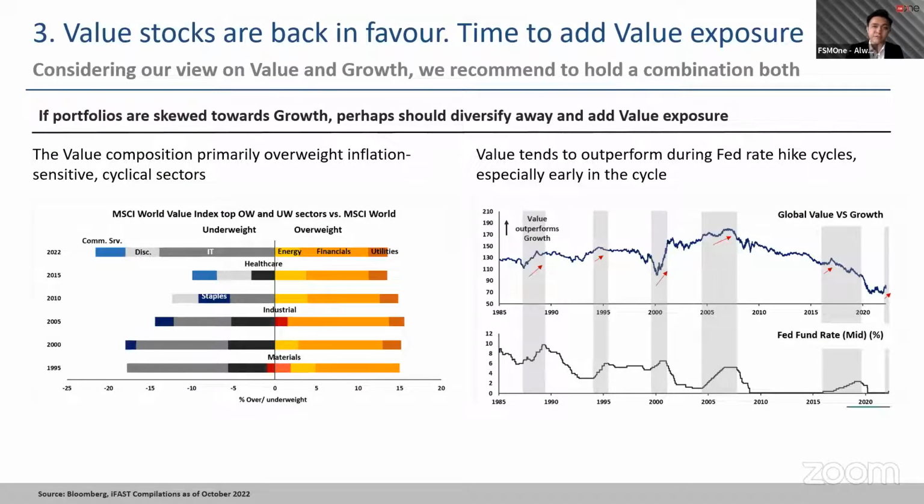Next, we think that value stocks are back in play after decades of underperforming growth. If you look at this chart on your right hand side, it shows the return dispersion of value stocks versus growth stocks.